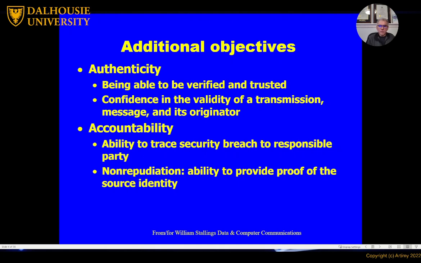There are additional objectives that can be derived from the previous three. One of them is authentication or authenticity. So security systems usually are used to verify that users are authorized to access certain information, right? So you can go to Brightspace, you put in your username and password, and you log into Brightspace, and you can see all of your quiz results, for example.